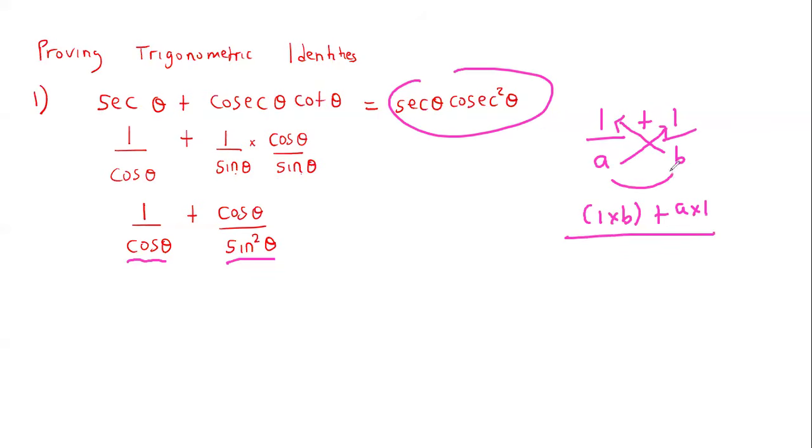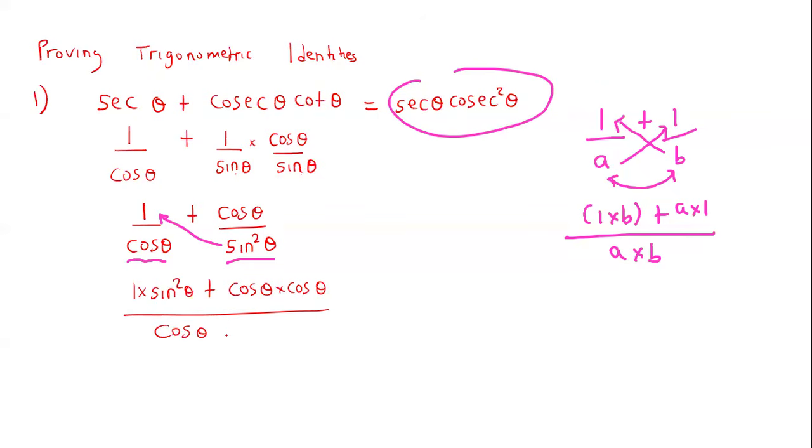Then what you have down here, just multiply A times B. So you are going to allow me to use that math, that this sine squared theta can multiply here. So what shall we have? We shall have 1 times sine squared theta plus this and this will multiply, you get cos theta times cos of theta. Divide by, I multiply with what I have down, cos theta and sine squared theta.